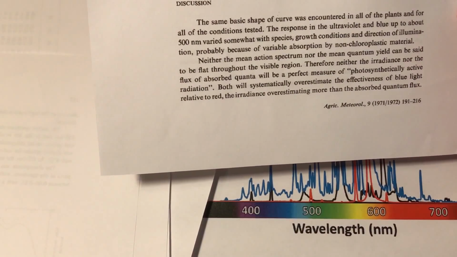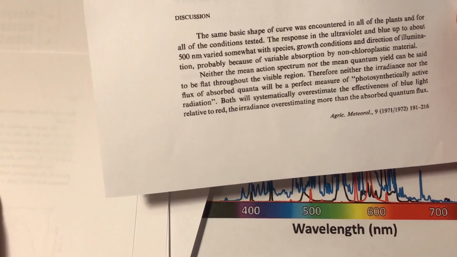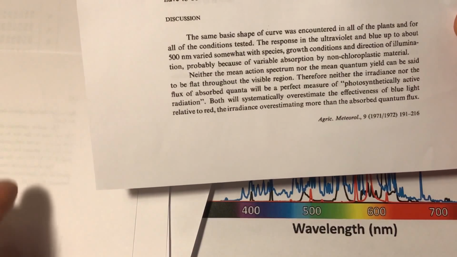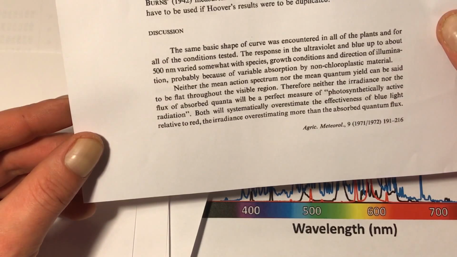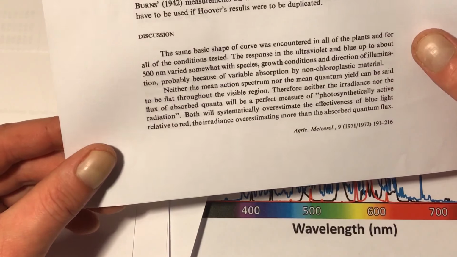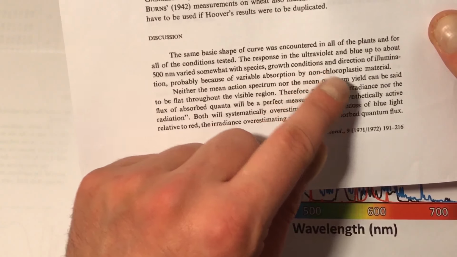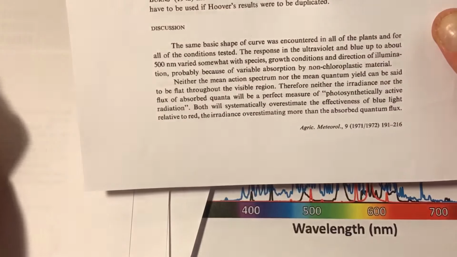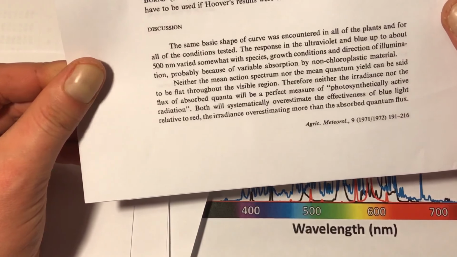And we can also say, even though cannabis isn't in the study, these results probably apply to it as well. So response in the UV and the blue depended on the variables he tested, and he is attributing that possibly to non-chloroplastic materials, sort of the carotenoids that have different absorption.